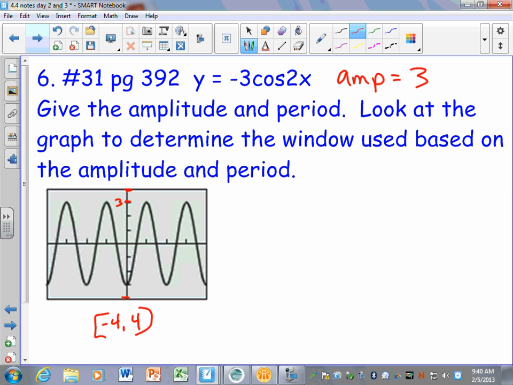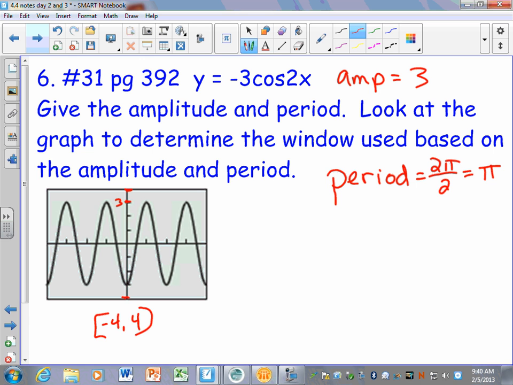What about the period on this? The period is 2 pi over b. What is b in this one? 2. So do you agree that cosine is going to complete one period from 0 to pi? What does one period of cosine look like?